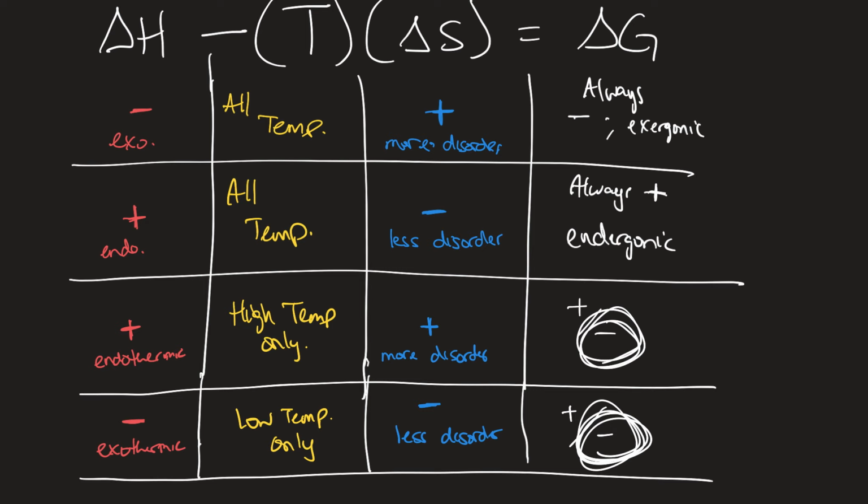All right, and just like I was showing you earlier in this chart here, depending on the values of your delta H and delta S, especially if one of them is unfavorable and the other one is favorable, then what will cause a reaction to go from non-spontaneous to spontaneous will be a change in temperature. Okay, and so this is Gibbs free energy.